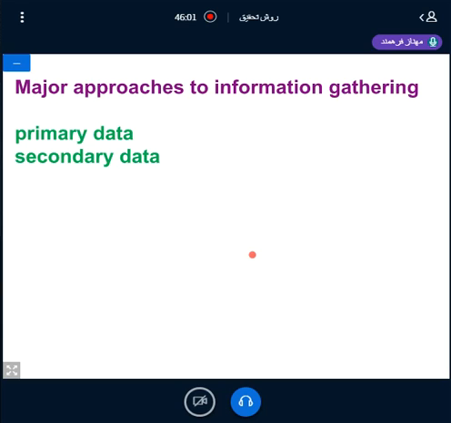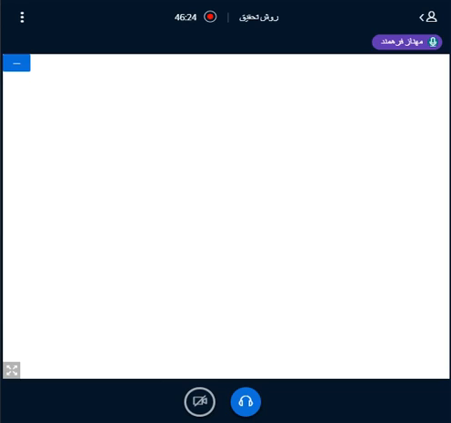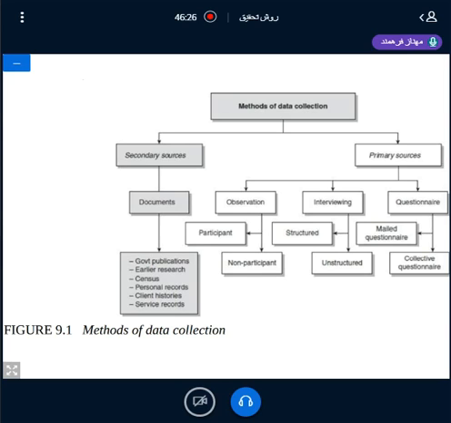Major approaches to information gathering. We have two major approaches for gathering information and data: primary data and secondary data. In this chart we can see the methods of data collection together.